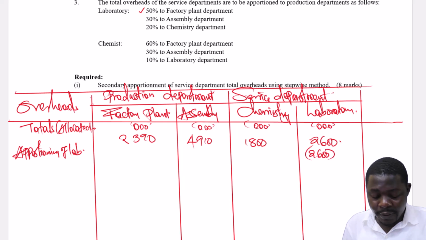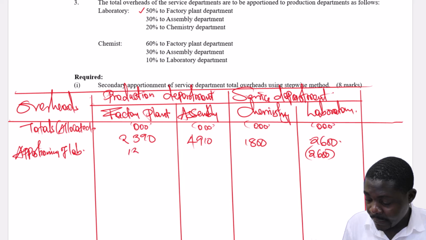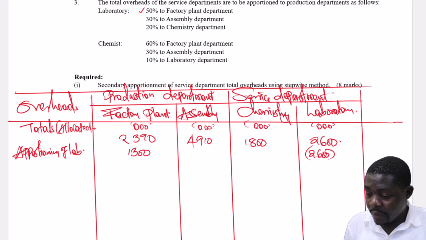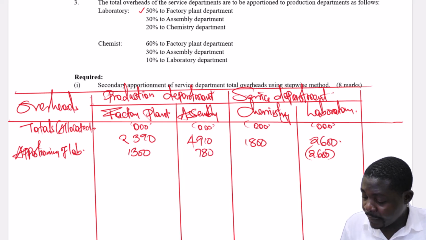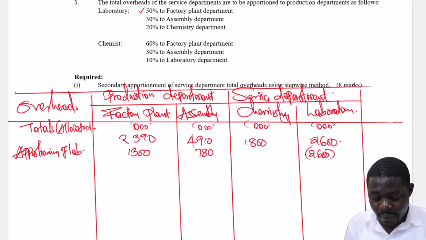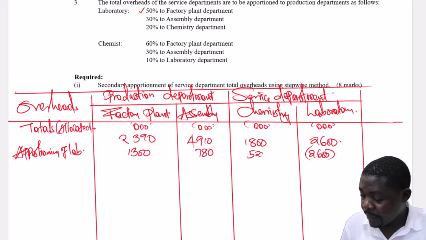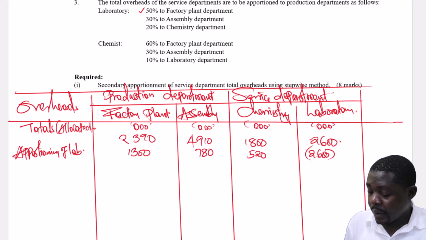It's 50%, 0.5. We are multiplying by 2600. We have 1300. Then we have 0.3 multiplied by the same 2600. We have 780. And then we have 0.2 multiplied by 2600. We have 520. And then we have to apportion what?